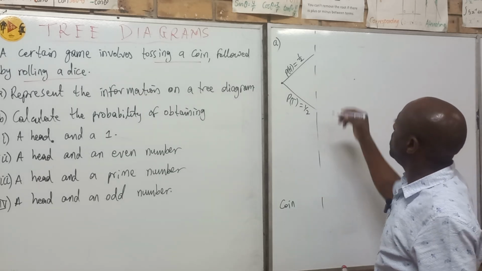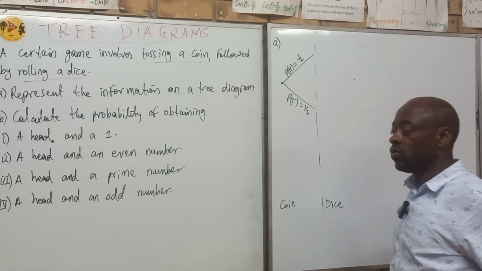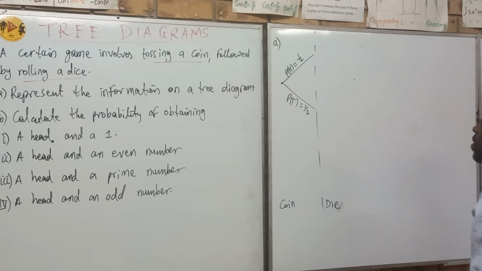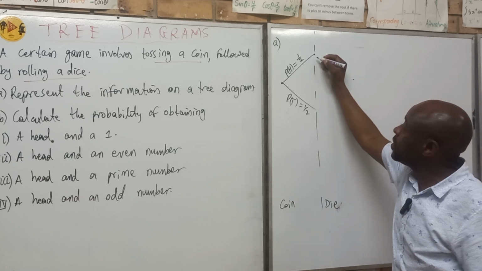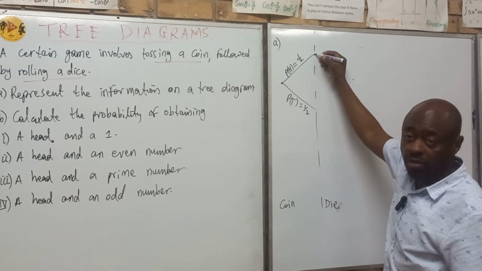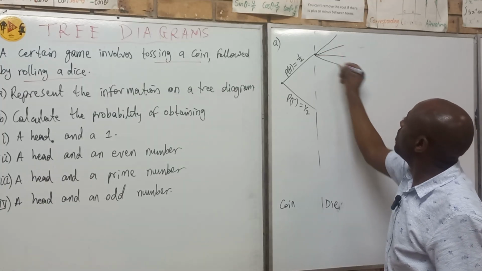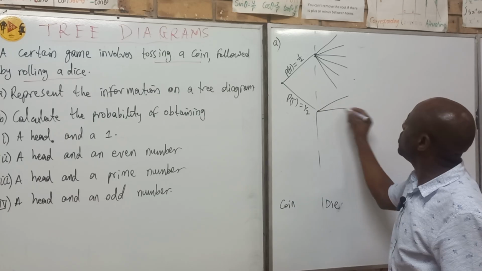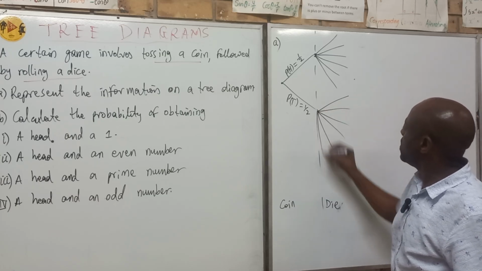Now, the second part of the game says we must roll a die. But the die has 6 options, so we must get 6 branches, leaving a point. So that's 1, 2, 3, 4, 5, 6. The same thing here, 1, 2, 3, 4, 5, 6.